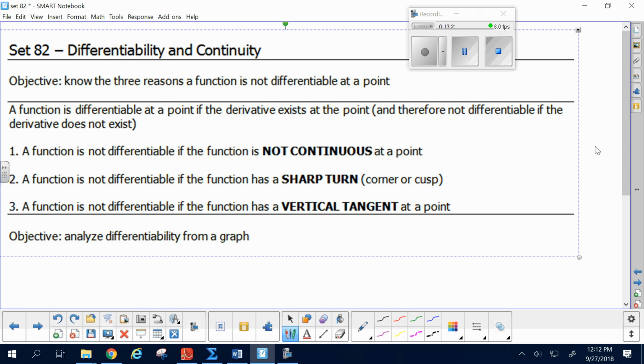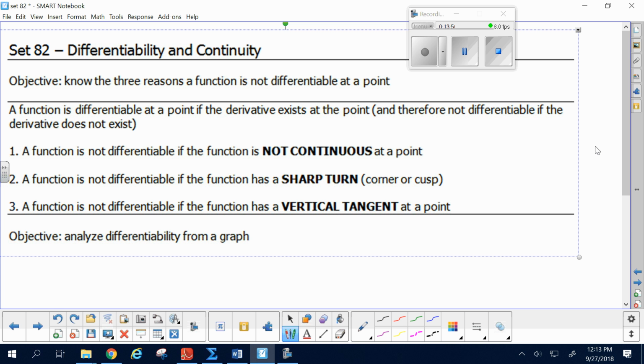If a function's differentiable, then it must be continuous. True. If a function's continuous, then it must be differentiable? False. So continuity doesn't imply differentiability, but differentiability implies continuity. In other words, differentiability is a subset of continuity.